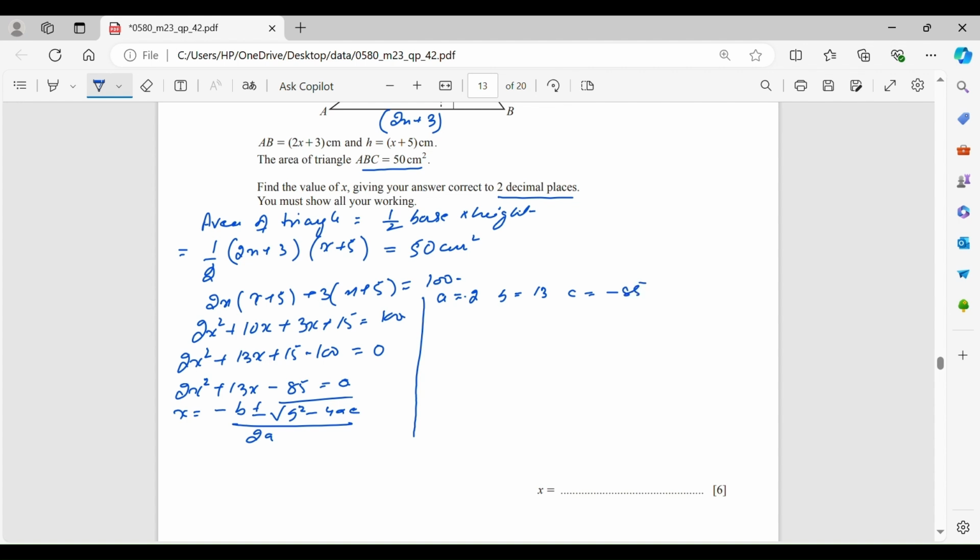Now x will be equal to minus 13 plus minus root of 13 square minus 4 into 2 into minus 85, over 2 into 2. We will use the calculator for this, minus 13 plus minus, this will be equal to 29.1376.